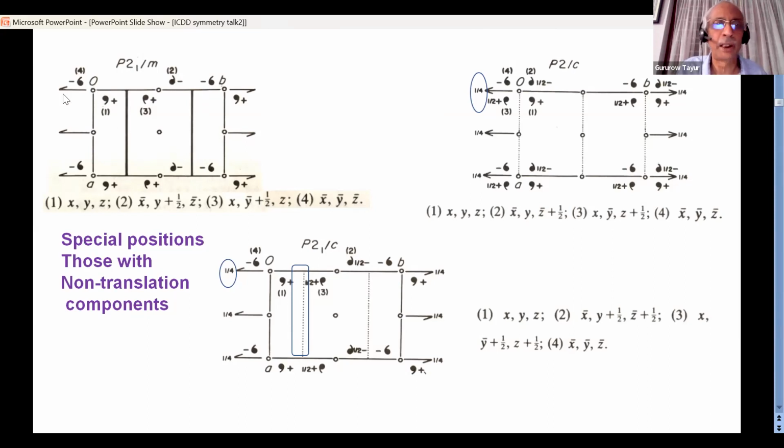So if any object is associated with this mirror symmetry, or with the center of symmetry, those become special positions in which the number of equivalent points, which is Z equals 4, will now become Z equals 2. There will be 2 points only, because the presence of the mirror symmetry makes the mirror vanish. So in this case, it will become x bar, y, z bar.